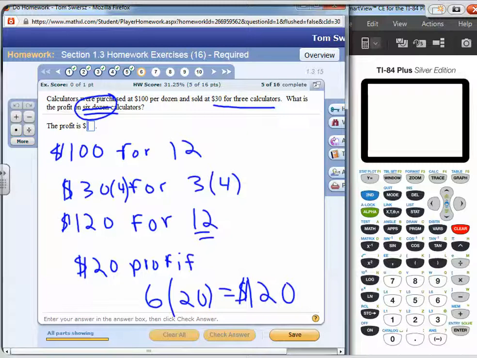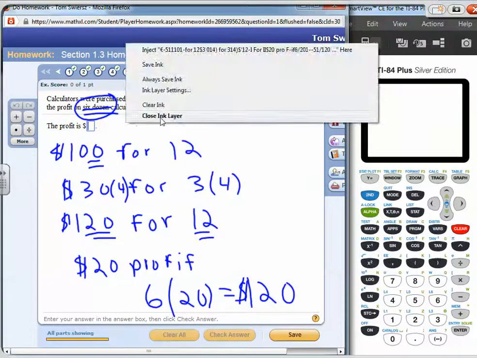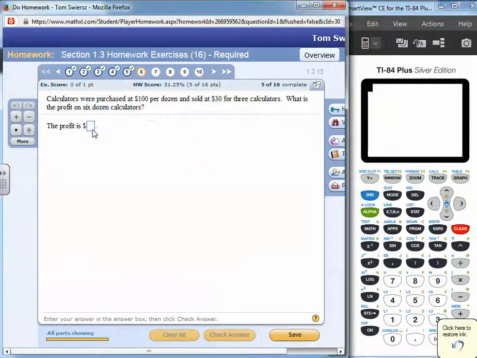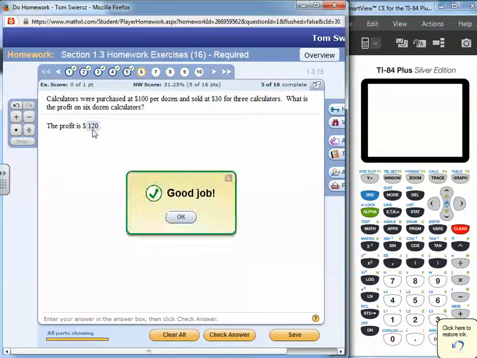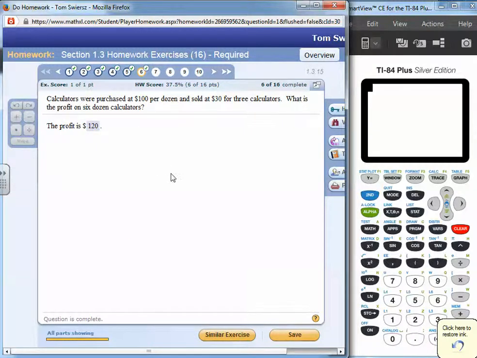Because the profit on each 12 was 20, not for 1, but for the total of 12. So 6 times 20 gives a profit of $120. So you have to make sure you're calculating everything in terms of per dozen, or per 12 calculators. All right, very good.